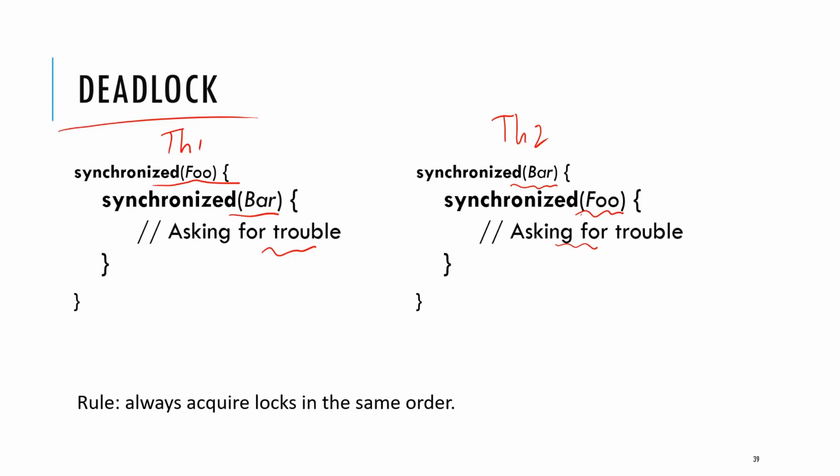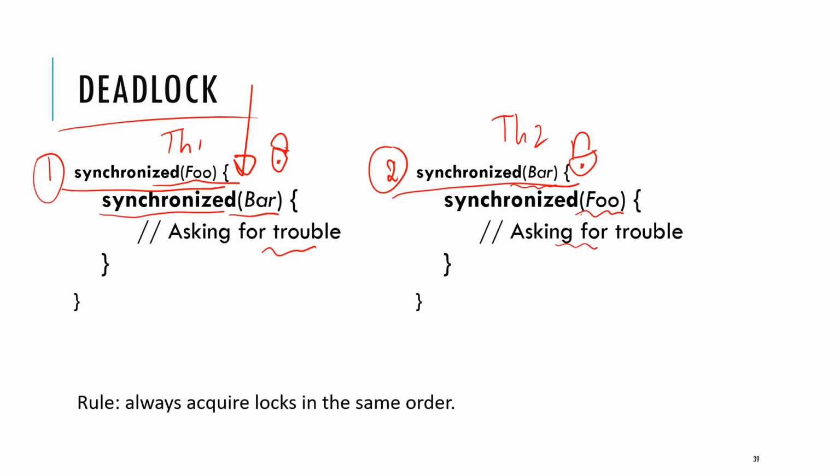The problem is, let's say the execution happens in this manner. Thread 1 executes this instruction first, then it's interrupted, and thread 2 gets the runtime, so it executes this one. So now bar is locked. Even if thread 1 wakes up and tries to get the lock over bar, it's too late because bar has already been locked by thread 2.